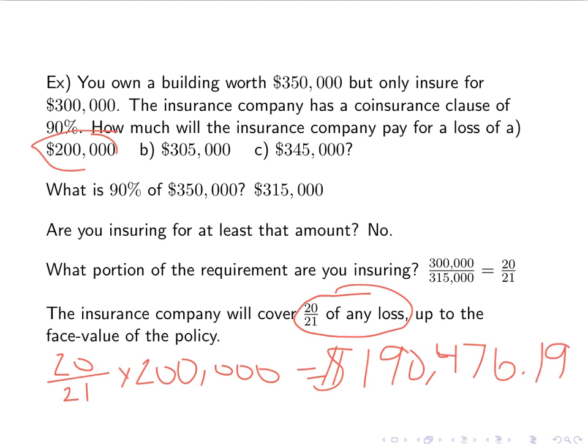Now remember, it's dollars, so round to the nearest cent. So I take that 20 out of 21, multiply it by the loss, and then ask myself which one's smaller, that amount or the face value. That amount.